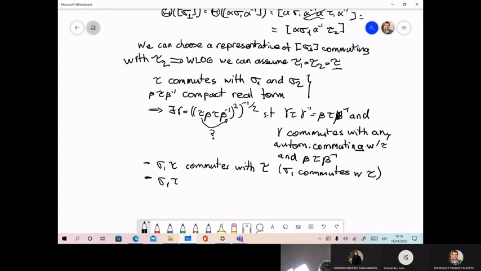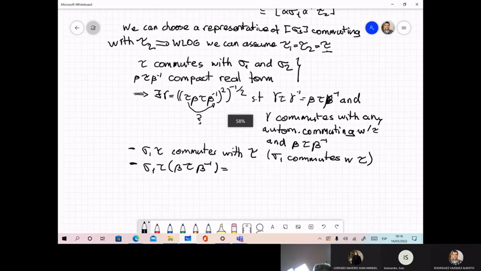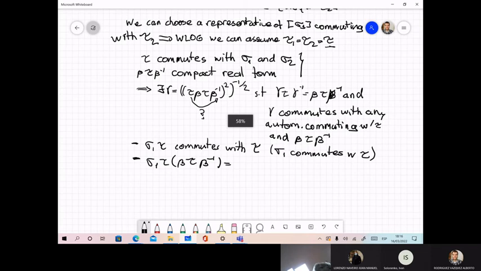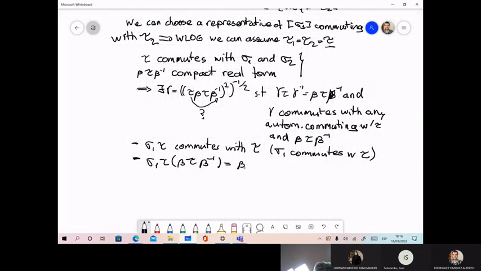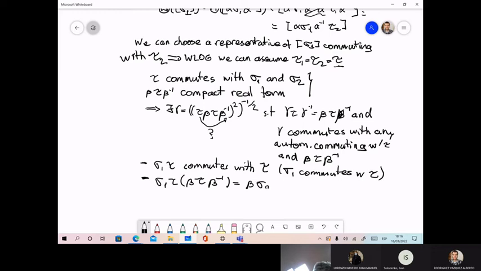This is because sigma 1 tau is equal to beta sigma 2 tau beta minus 1 beta tau beta minus 1. This is the identity. Tau squared is identity. So this is beta sigma 2 beta minus 1.